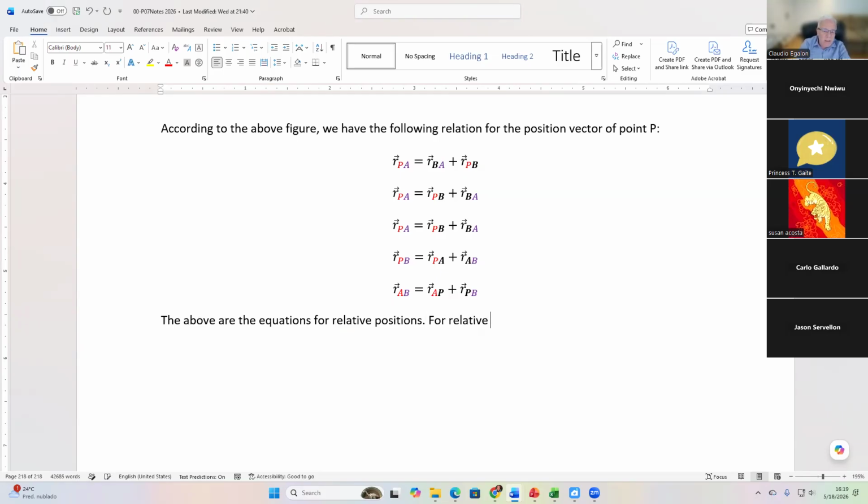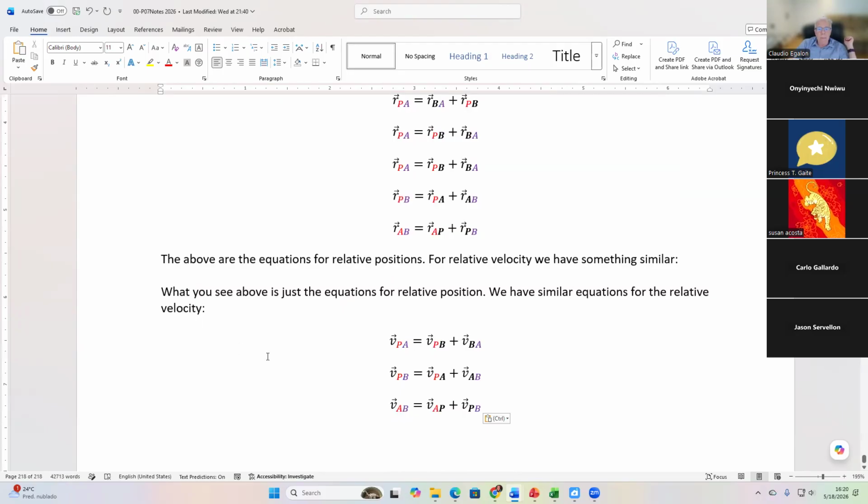For relative velocity, we have something similar. The only thing that changes is the symbol. Okay? PA, PB, BA. PB, PA, AB, and so on. But let's not forget, these are the equations for the Newtonian relative velocity.